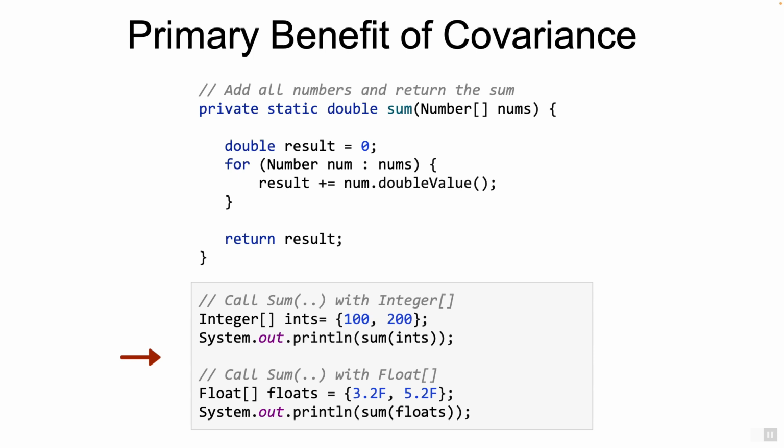However, this benefit of covariance for arrays comes at a price: reduced type safety. We will see this problem in a minute. From JDK 1.5, when Java generics was introduced, array covariance is less important because the same can be achieved using Java generics. We will see that also in a later slide.